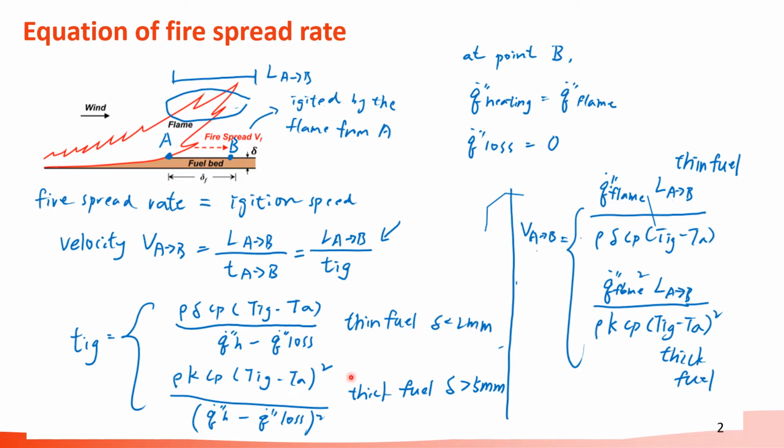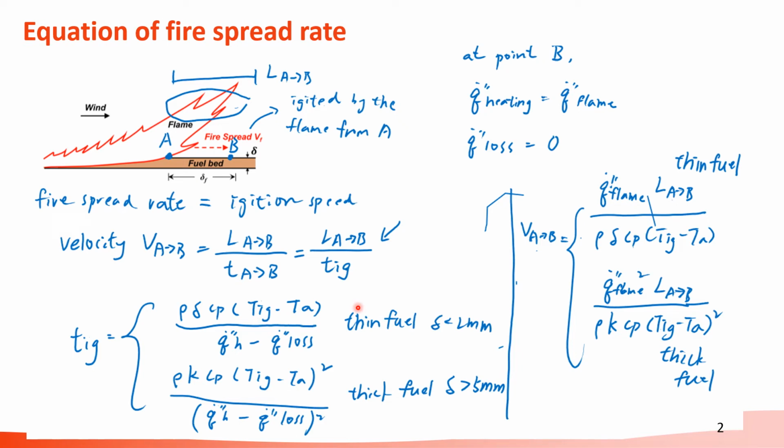For the thick fuel, which means the thickness is larger than 5 mm, it can be determined by the density times the thermal conductivity times the heat capacity times the ignition temperature minus the ambient temperature, divided by the total heat flux squared.